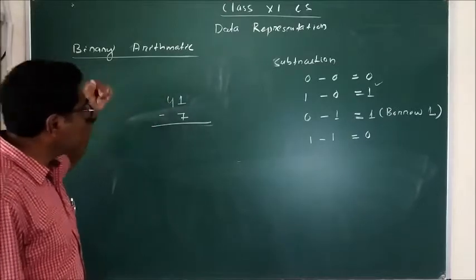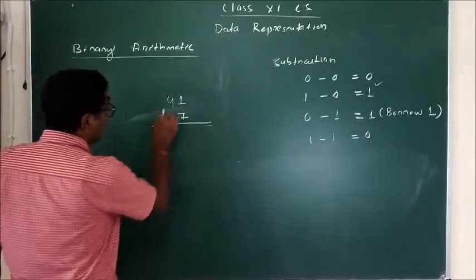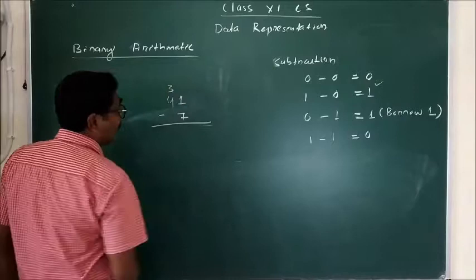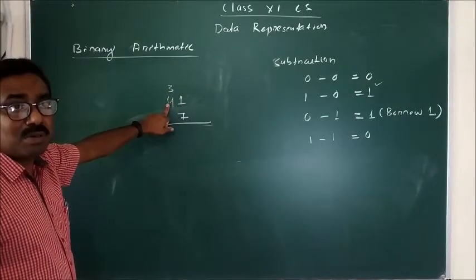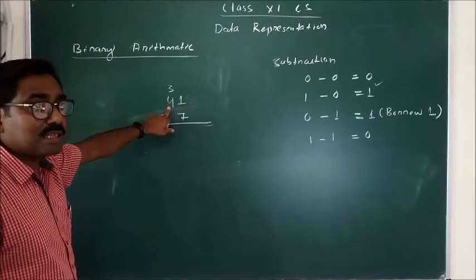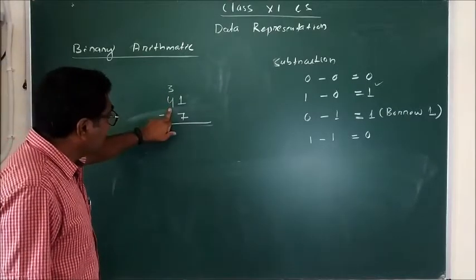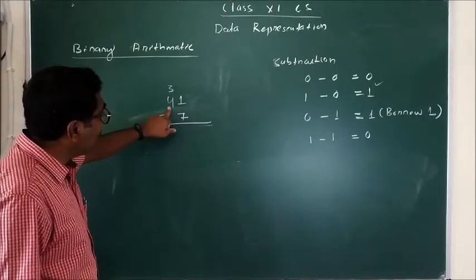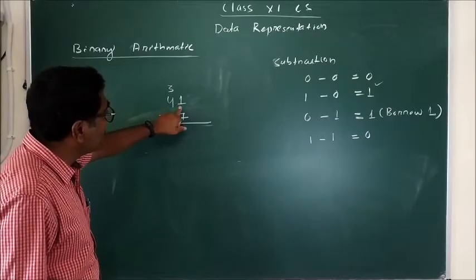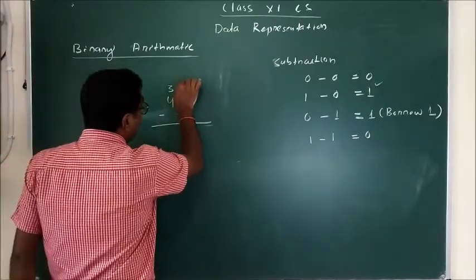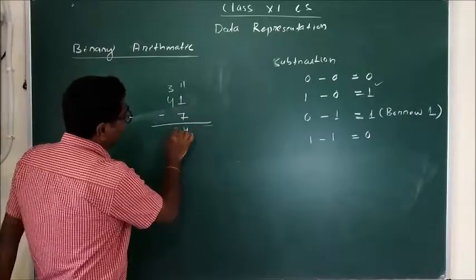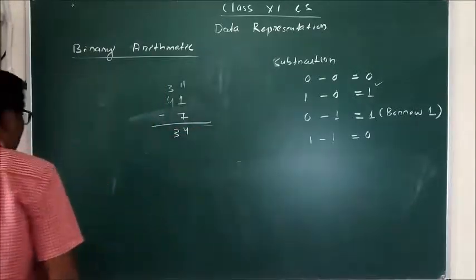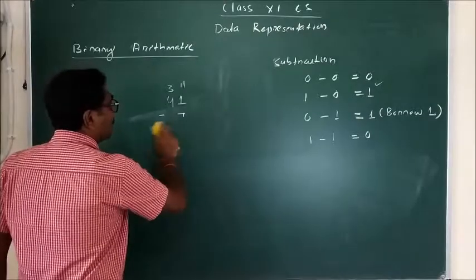If you are taking a borrow from this place, then what happens? This becomes 3 now. I am taking 1, but this is the 10th place number, so after taking this, it becomes 3, but here we are getting the 10. 10 means this number now becomes 11. So 11 minus 7 is 4, and this is the 3. The same thing happens in case of binary subtraction.